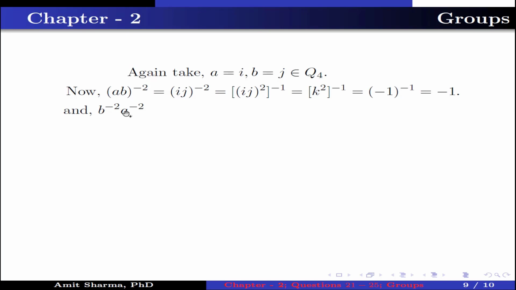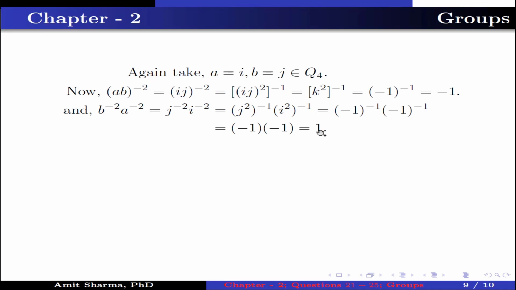And b^(-2) a^(-2) = j^(-2) i^(-2), which is further written as (j^2)^(-1) (i^2)^(-1) = (-1)^(-1)(-1)^(-1) = (-1)(-1) = 1. This implies (ab)^(-2) is not equal to b^(-2) a^(-2).